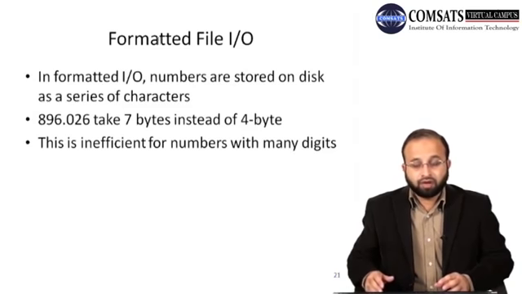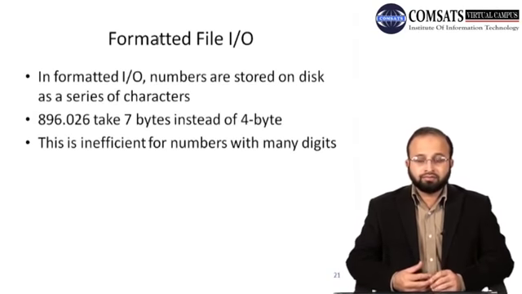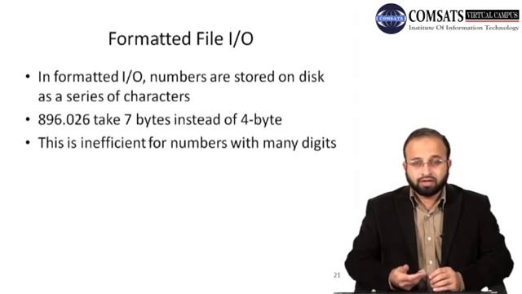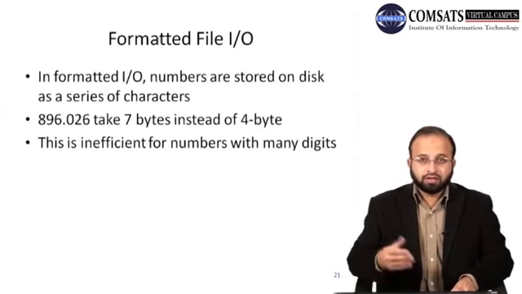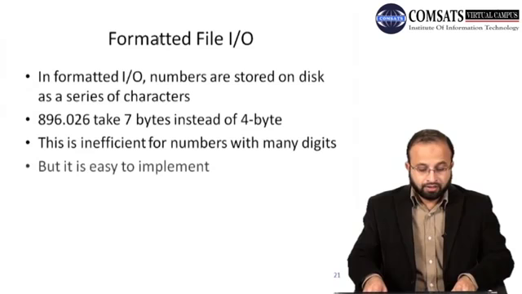So ऐसे numbers जो आपने write करने हैं and they are very large numbers, then instead of an integer taking 4 bytes, they will occupy maybe more bytes because they contain more digits, let's say, right? But it is easy to implement, right?